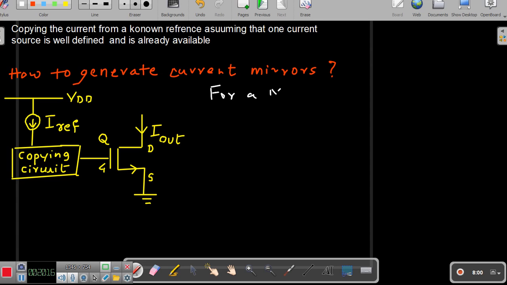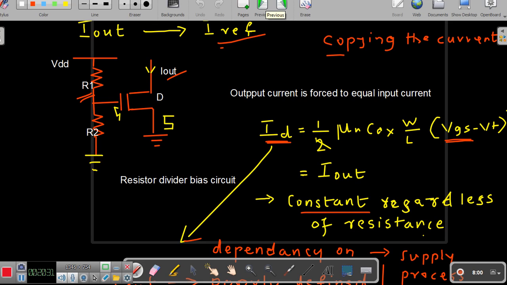For a MOSFET, now we know that we have already got the expression for the drain current. Of course, if you assume that these things are constant, your ID is directly proportional to VGS.